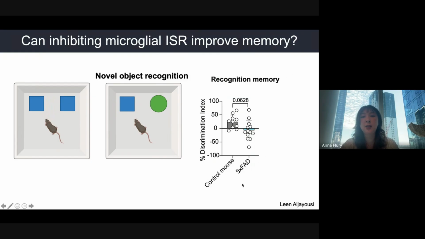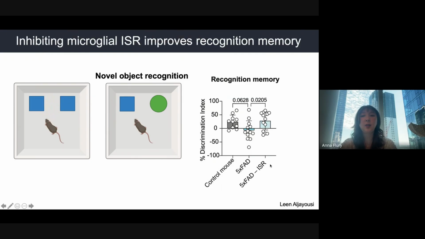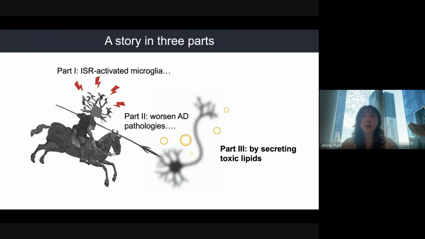And we can see that here nicely in our control mouse, which is able to discriminate between the 2 objects, versus our 5xFAD mouse, which can't do that anymore. But if we inhibit ISR in our 5xFAD mouse, now this recognition returns to control level, so it is able to do it again. And so this is sort of the end of the story here, where we identified a subset of microglia characterized by ISR activation, showed that it worsened AD pathologies, and that this is in part mediated by the secretion of toxic lipids.